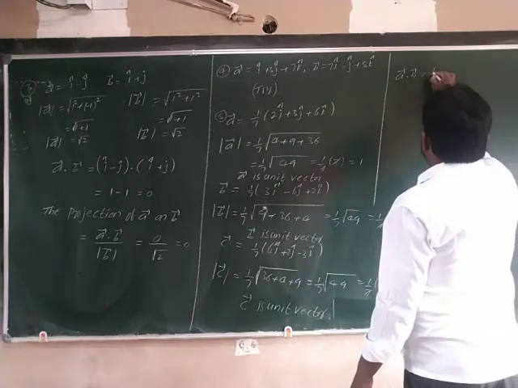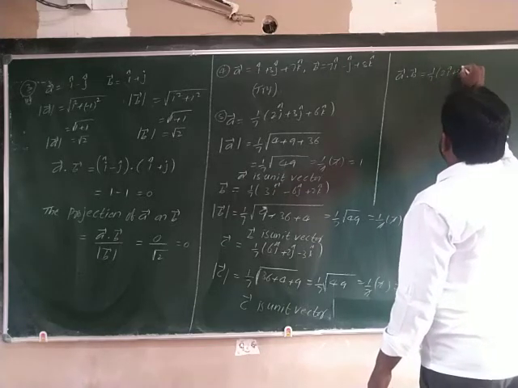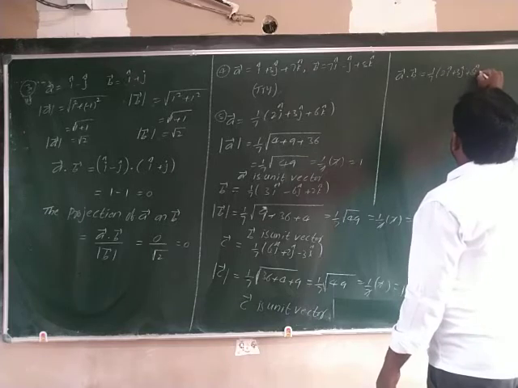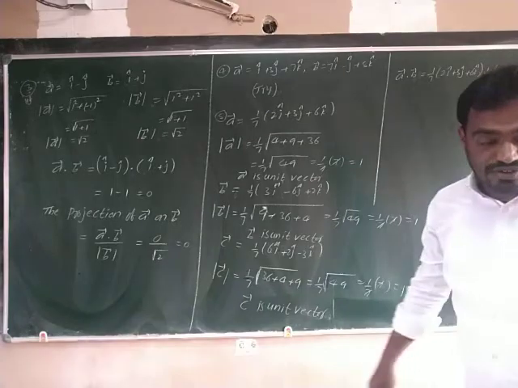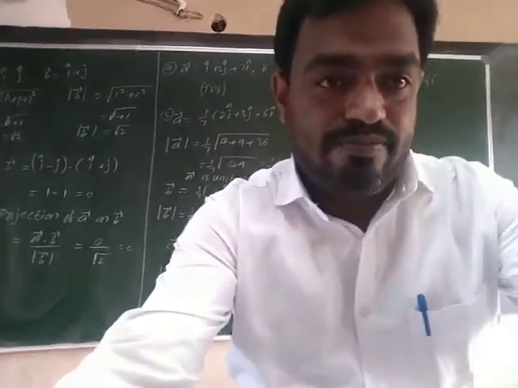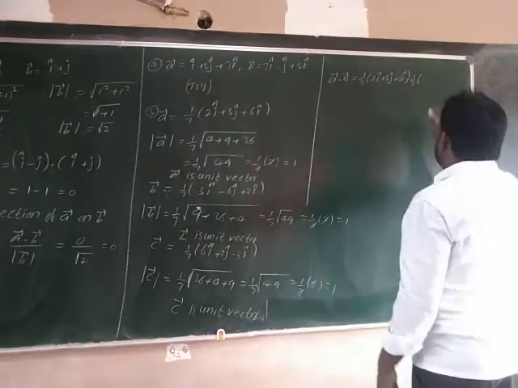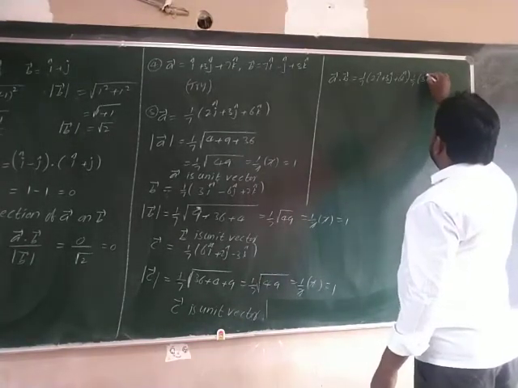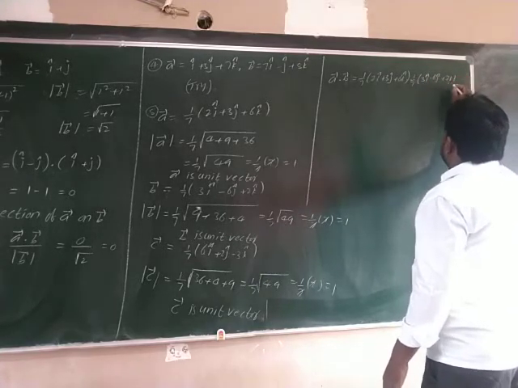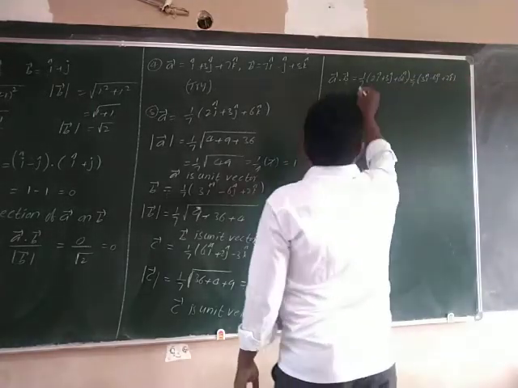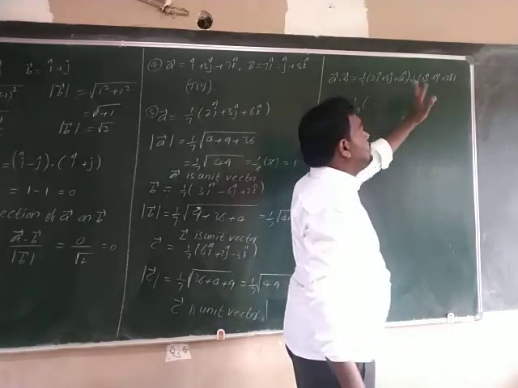Vector A is equal to 1 by 7 into (2i cap plus 3j cap plus 6k cap), into vector B, which is 1 by 7 into (3i cap minus 6j cap plus 2k cap). So this is equal to 1 by 7 into 1 by 7, that is 1 by 49. Next, take the sum of the products of components.